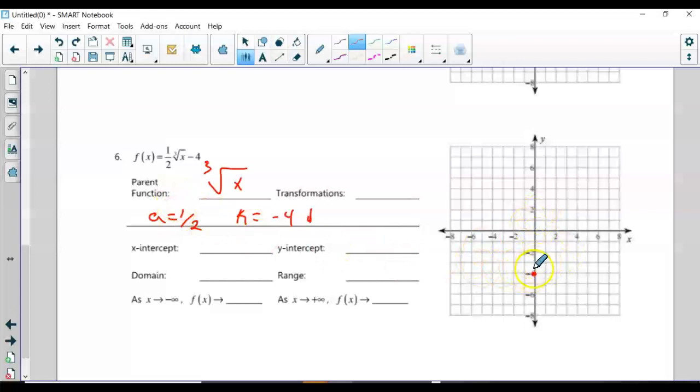The stretch doesn't really affect the point that was at the origin, but it does affect the next point. So remember in the parent function, if I go to the right one, the output would have been 1. Now it's going to be 1/2. So it's going to be in between. And this one's going to be -1.